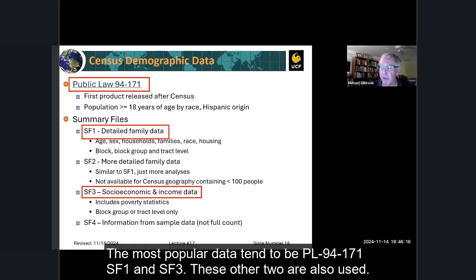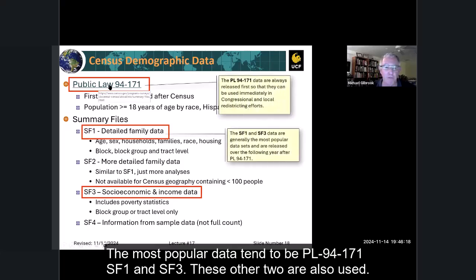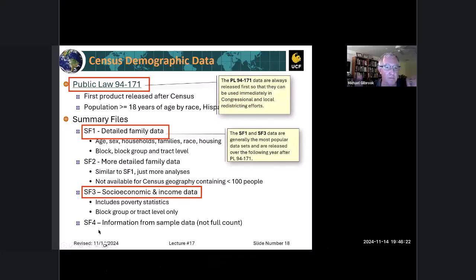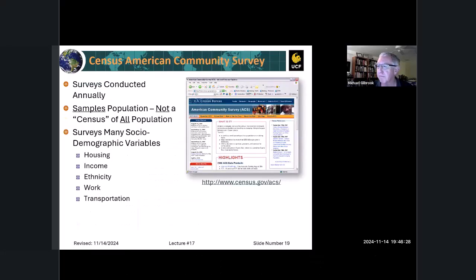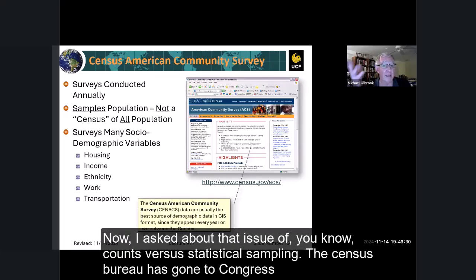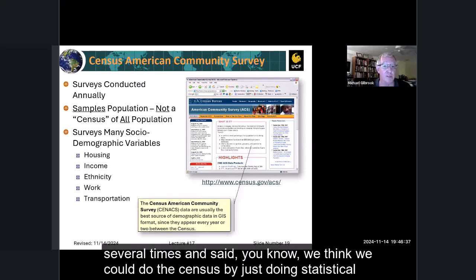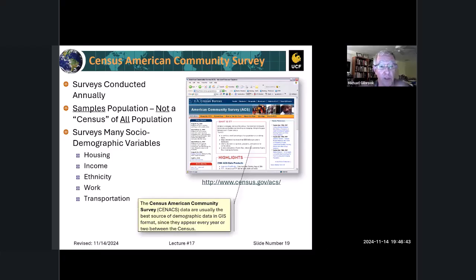The most popular data tend to be PL 94171, SF1, and SF3. These other two are also used, but those are the ones that people are very excited about when they first come out. Now, as to that issue of counts versus statistical sampling, the Census Bureau has gone to Congress several times and said, we think we could do the census by just doing statistical sampling.